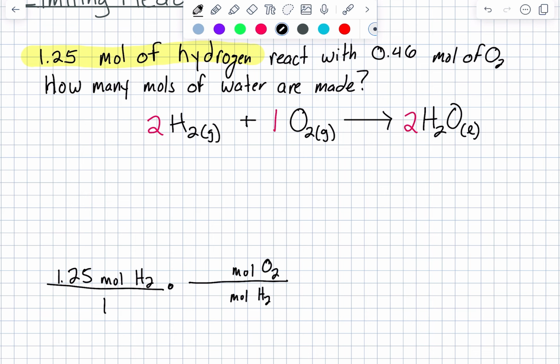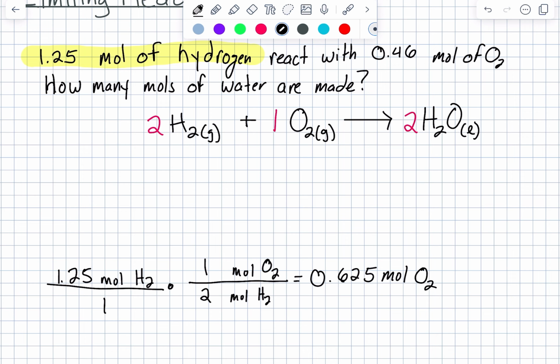By using my balanced equation, I know that for every 2 moles of hydrogen, I require 1 mole of oxygen. So then I'm just going to type this into my calculator and see, do I have enough oxygen to do this reaction? And I find that I would require, if I do this ratio, 0.625 moles of oxygen.